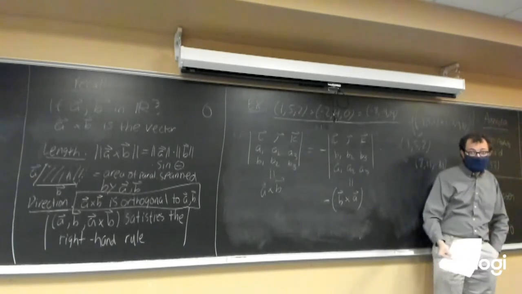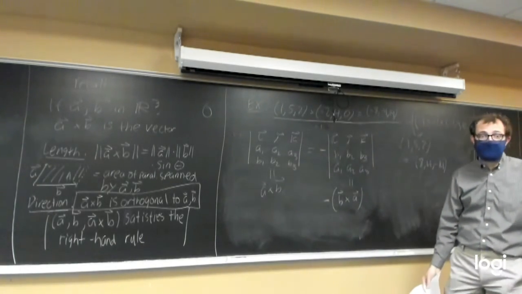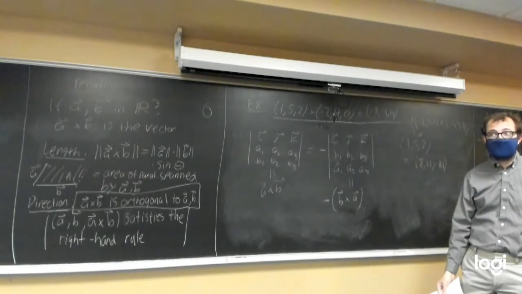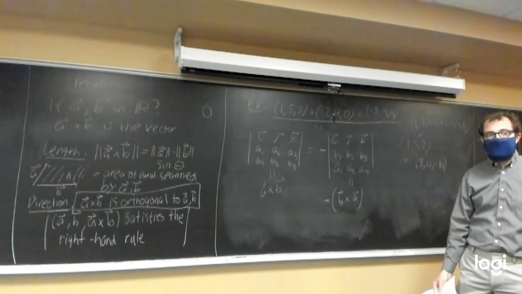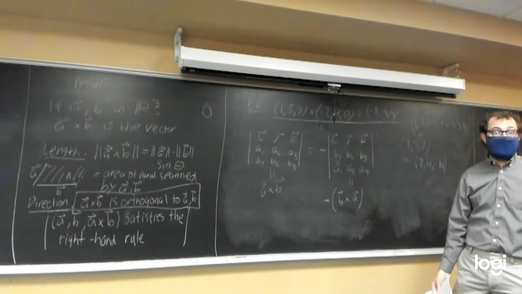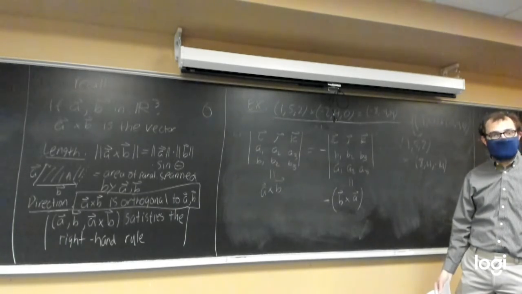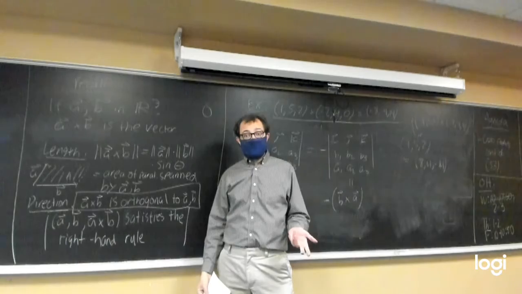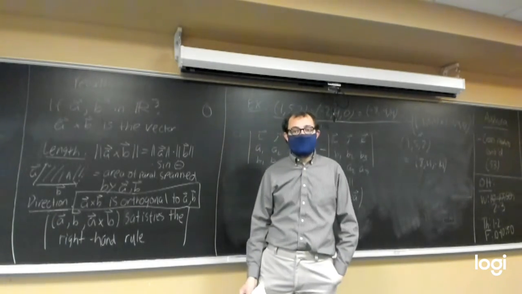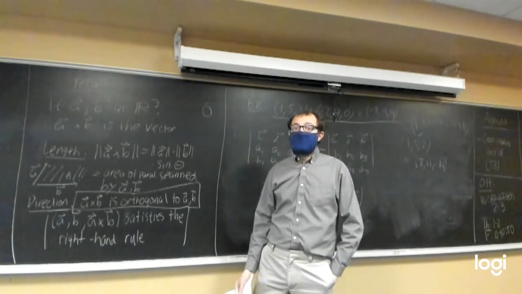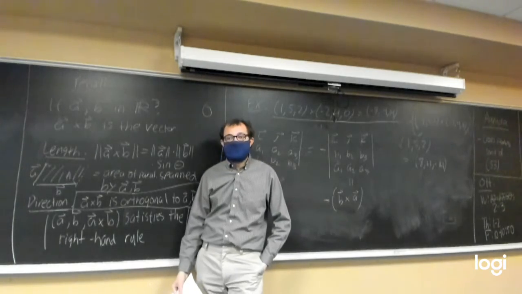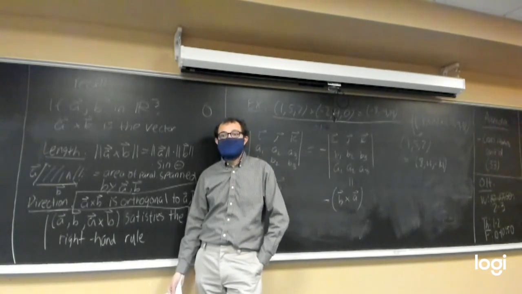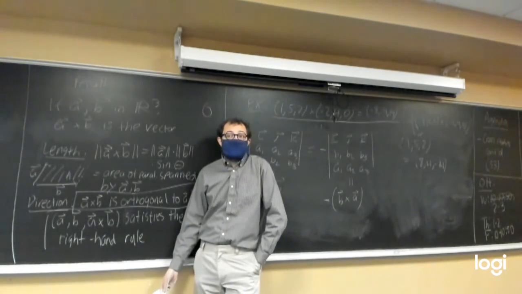Good question. Is there any time that we would use B cross A instead of A cross B? Not really. There are a lot of times when it doesn't matter, where either one would suit your purposes. For instance, in standard 4, the next standard, when we're looking for formulas for planes, we're often going to be faced with the task of, I have two vectors, A and B, and need something orthogonal to both of them.